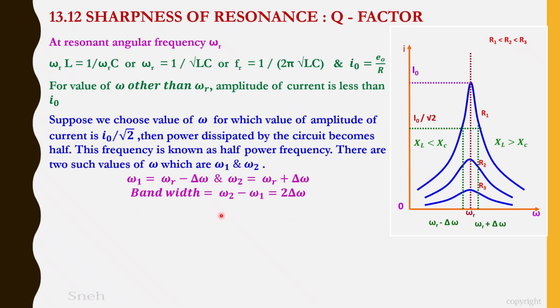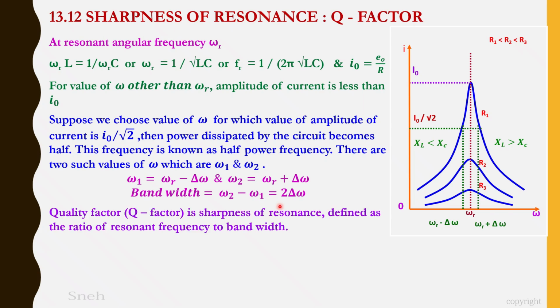This represents the bandwidth of this curve. The bandwidth of the curve is taken where we are taking these frequencies at I0 upon root 2. That you have to keep in mind. Now on that basis we have to define the Q factor.